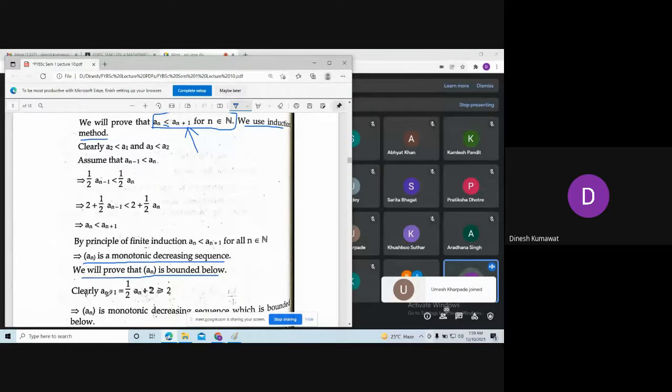So clearly a_{n+1} is equal to 1 upon 2 times a_n plus 2. So what can I say about this term? What do we know about a_n?